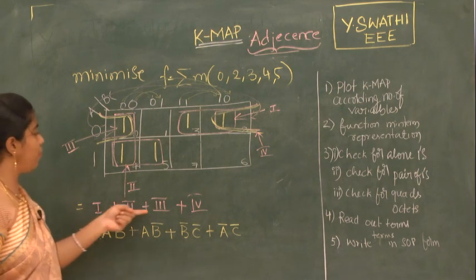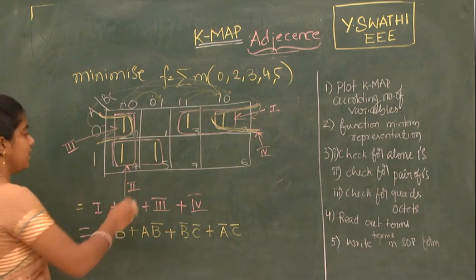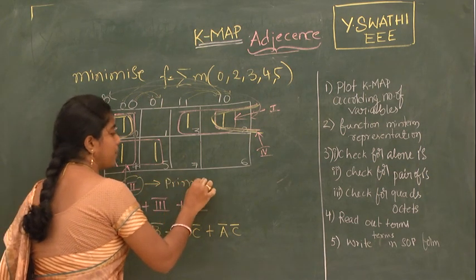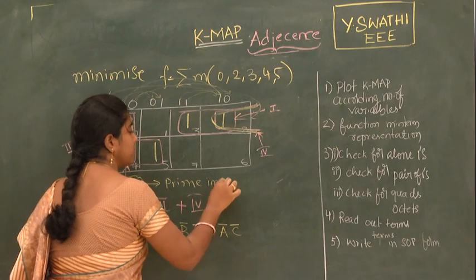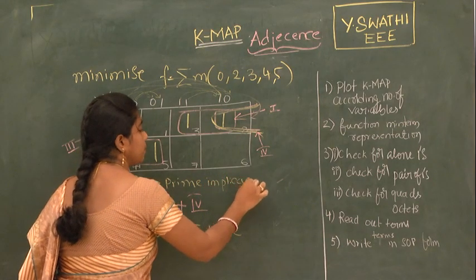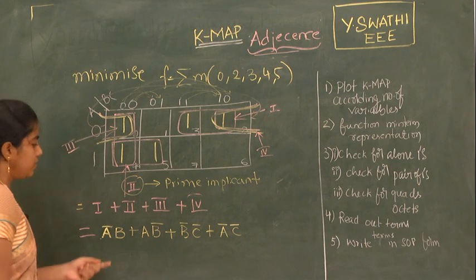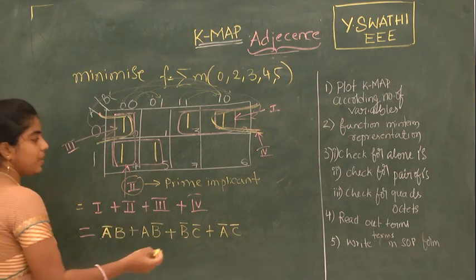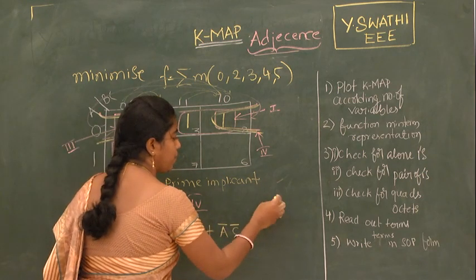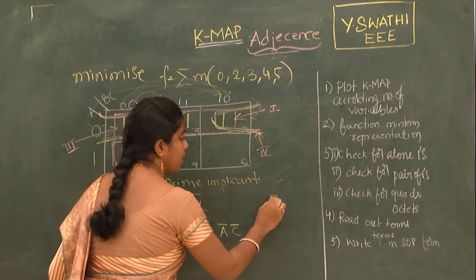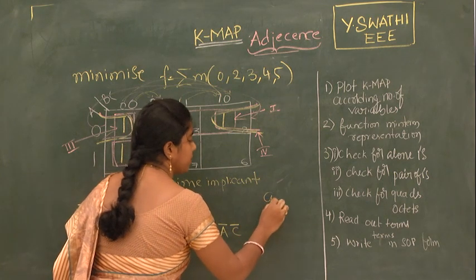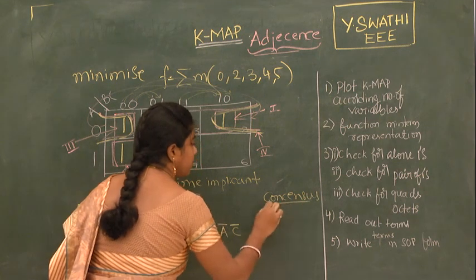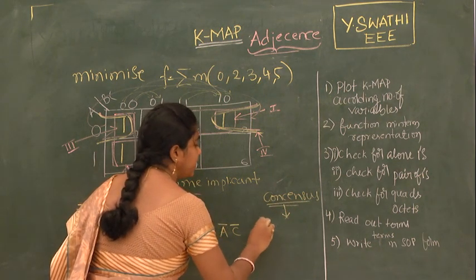And all these four, each grouping represents a prime implicant. I said before, prime implicant. If you remember the Boolean algebraic rules from the consensus theorem, we can drop out the redundant term.